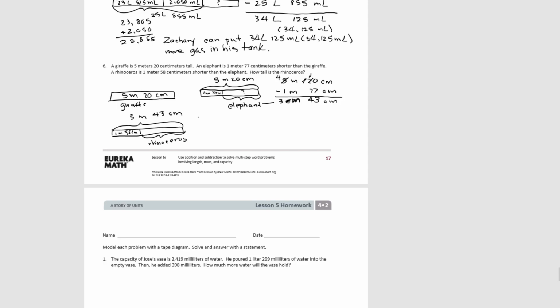So we're going to subtract 3 meters, 43 centimeters, the height of the elephant, subtract out the difference, and again, in order to do the subtraction, we're going to have to take one of the meters and turn it into centimeters, and now we can subtract.